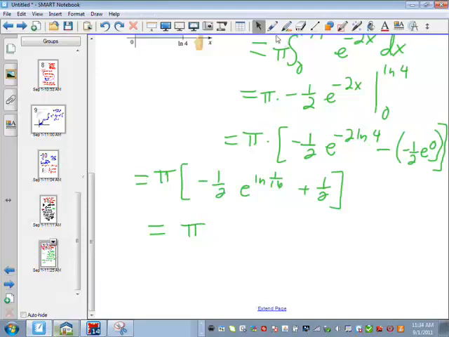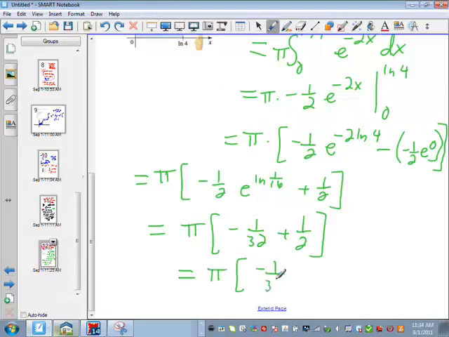All right, so then this becomes minus 1 over 32 plus 1/2, and that is 15 over 32. Minus 1 over 32, 1/2 is 16 over 32, and that is 15 pi over 32.